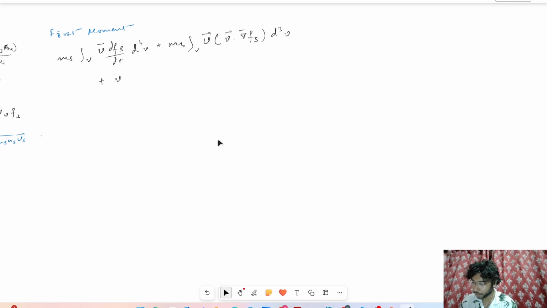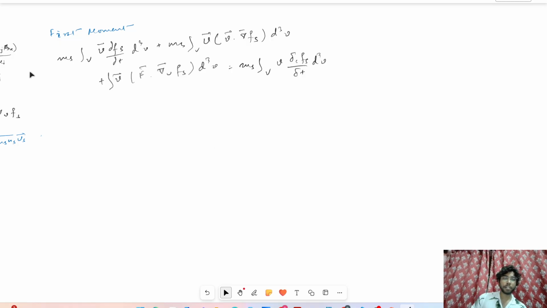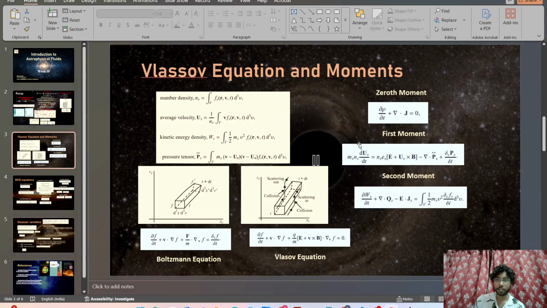We are just multiplying the equation with v. Right? So if you similarly simplify this equation, you will get the equation for the moment of momentum, which is this equation.